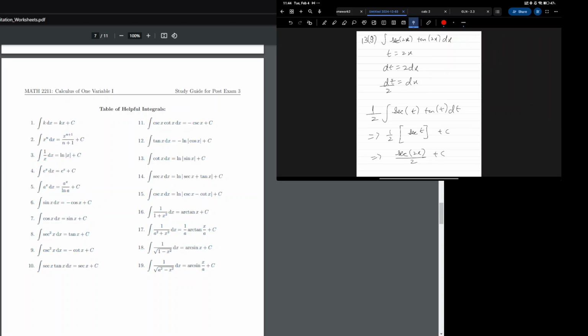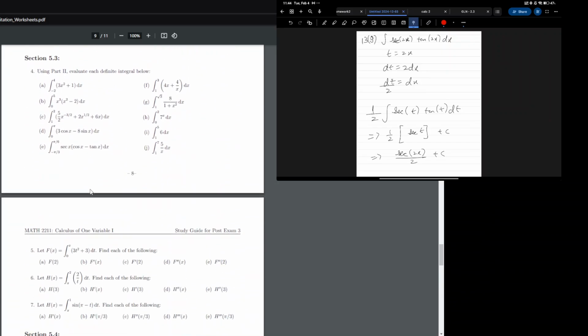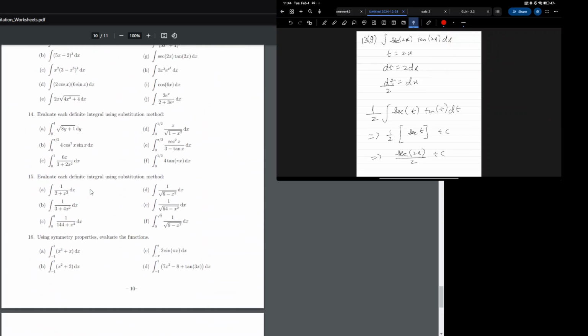But let's say if we have some other angle inside of it, then we will substitute it back with what's inside of the parentheses. And that would generally work. Okay?